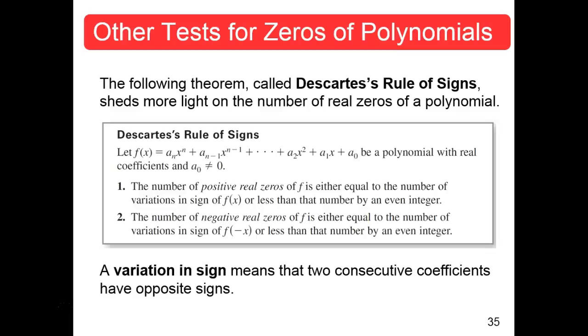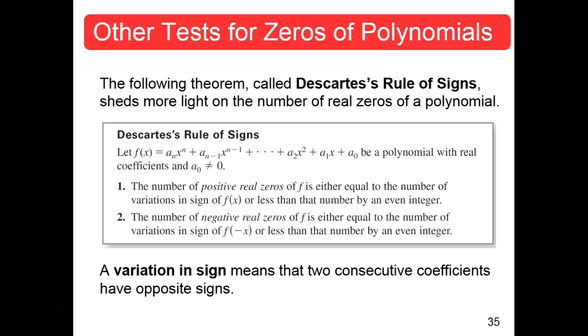That only gives you your number of positive zeros. Possible. The second thing you do then, the number of negative real zeros, because that only gives you positive, is either equal to the number of variations in sign of f of minus x. So the next thing you do is plug in a minus x for an x, rewrite the polynomial.